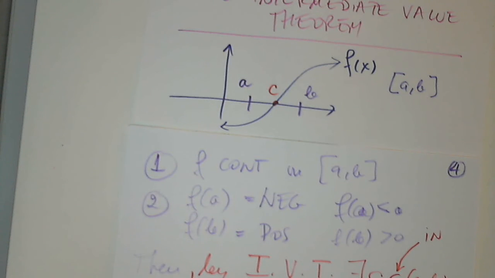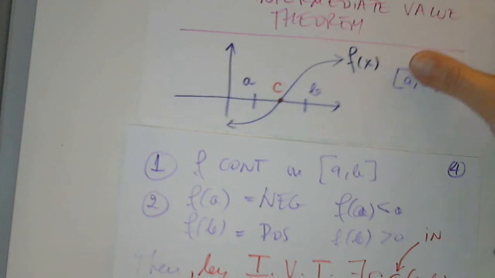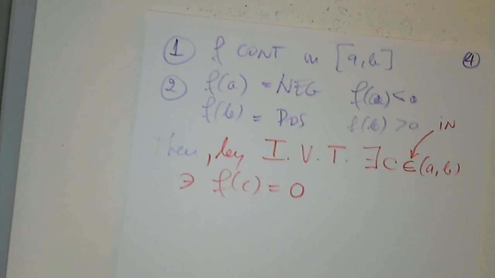As long as it changes sign between a and b, and it's continuous, there's no gap, it cannot jump over 0, then there must be a solution between a and b. There must be a 0 of the function between a and b.